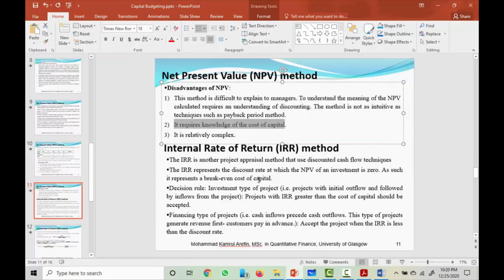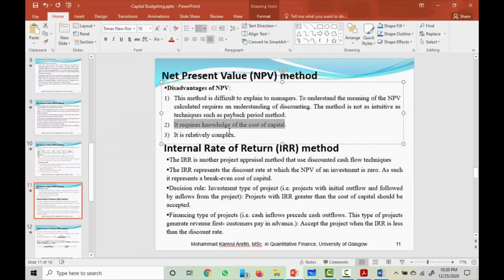It also requires knowledge of the cost of capital. As I said before, to figure out how much return you need from the project, you should know the cost of capital. Capital can be debt capital or equity capital, so you need to know the cost of debt and the cost of equity. We will study these things in our cost of capital chapter.